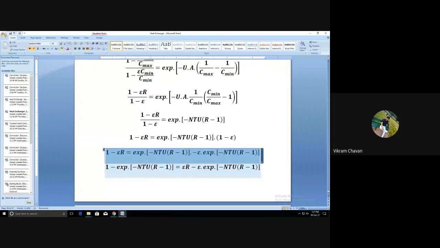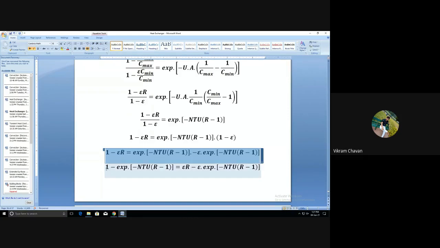Then what we do, we want the equation in the form of effectiveness. So we will take all the terms in which the effectiveness term is present on one side, and the non-effectiveness terms, the terms which do not contain effectiveness, on the other side.